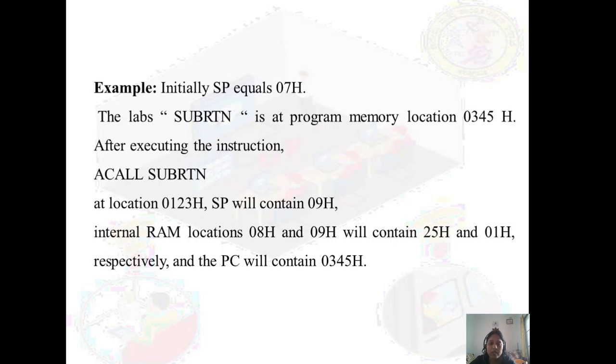So 08H and 09H, the data will be pushed into these stack locations. Then the PC will contain 0345H, that is your subroutine location. Understood? So it will jump to the subroutine.